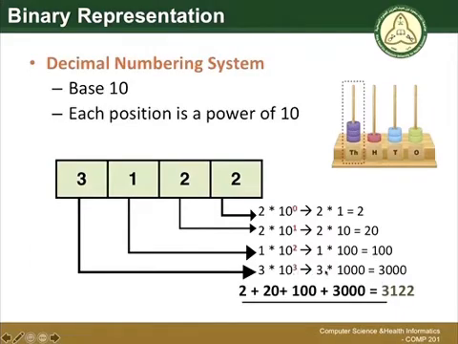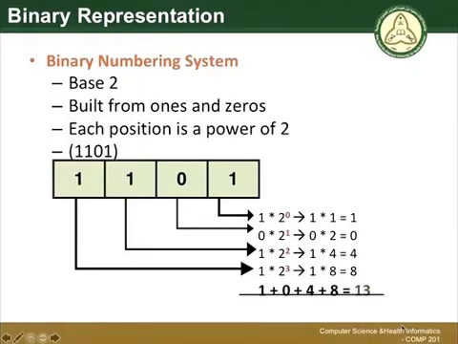It's going to give me 3 multiplied by 1000, which is 3000. And then we sum the results: 2 plus 20 plus 100 plus 3000 gives me 3122.